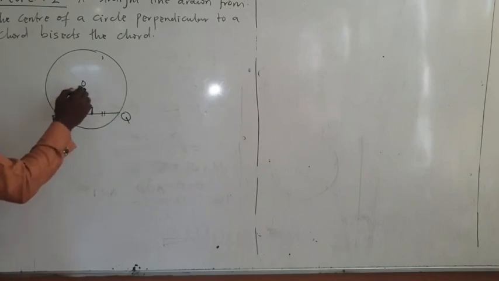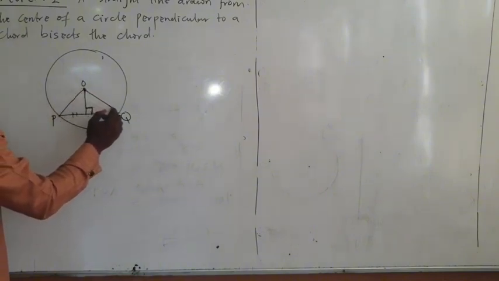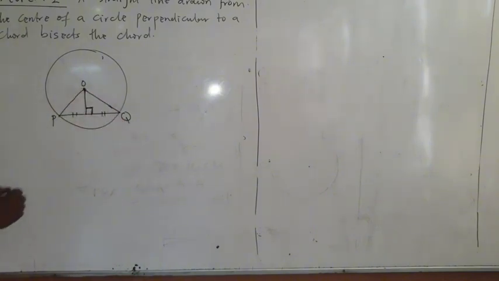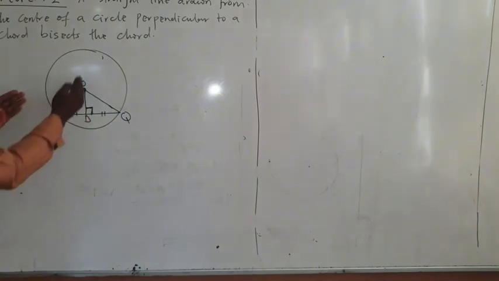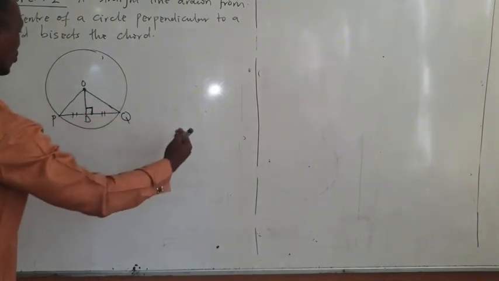So for us to have this, we are going to complete the triangle. Invariably, if the middle point of the chord is D, this line divides the chord into two equal halves.